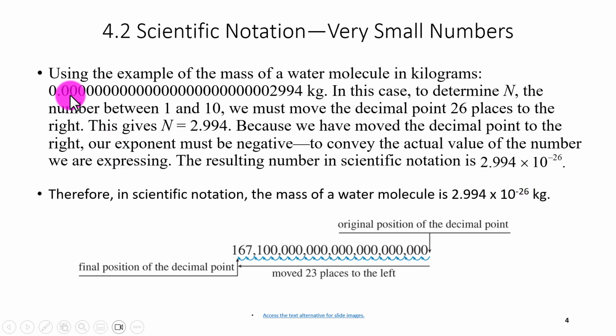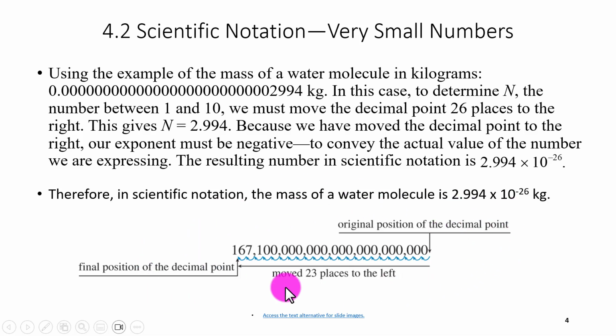Note that since I moved it to the right, I have a negative exponent for my power of 10. And because I moved it 26 times to the right, that is going to give me the value of n. Note that this is the correct way to express a number because 2.994 is a number between 1 and 10.